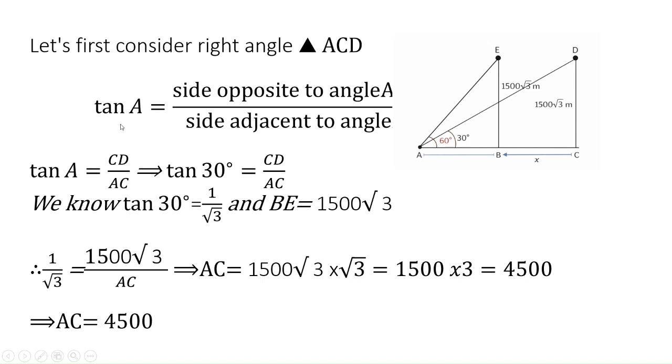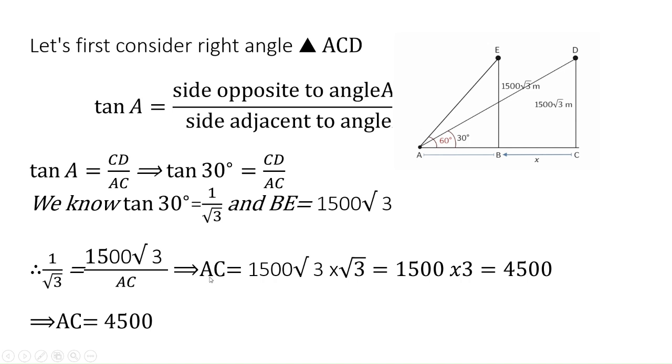We substitute the BE value in place of CD. So tan 30 is equal to BE by AC. So 1 by root 3 is equal to 1500 root 3 by AC.